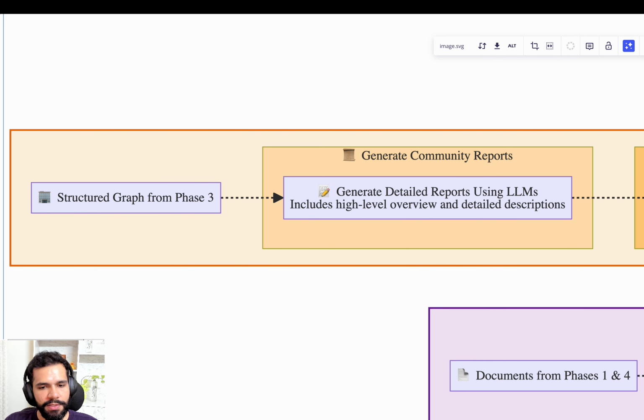That's where community summarization and reports come in. At the start, we harness the structured graph we previously obtained, take these enriched node-to-vec embeddings and the hierarchy of communities, and create comprehensive reports for each community. Well, what is a report?